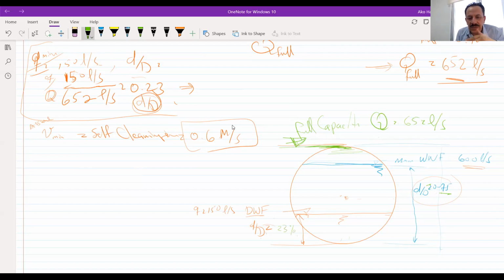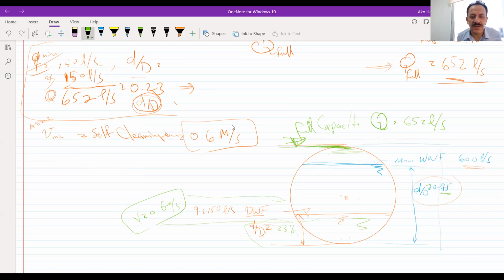So the sewer is going to have lower than the quarter. Okay, what I need for this value, I need to know how much, because in this case I have to keep the velocity at 0.6 meters per second. So I have d over D, I have the velocity here.